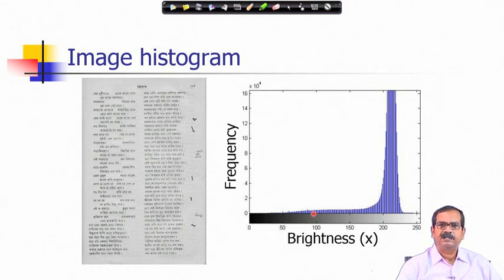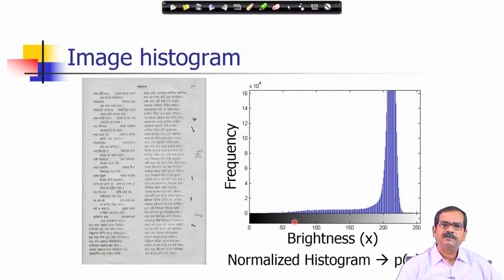We will come to how this could be processed further to make it more bimodal, but presently let us concentrate on the fact that an image histogram is nothing but the frequency distribution of the brightness values, and from this frequency distribution you can get the probability distribution. If I normalize the histogram, that means all these frequencies are divided by the total number of pixels of the image, then you get the probability distribution of the brightness values.